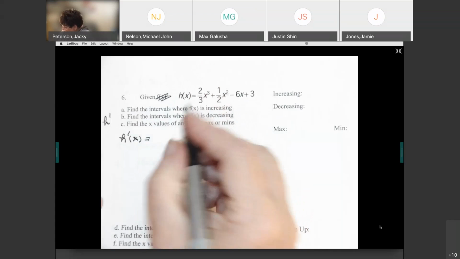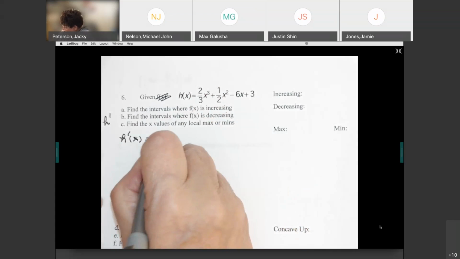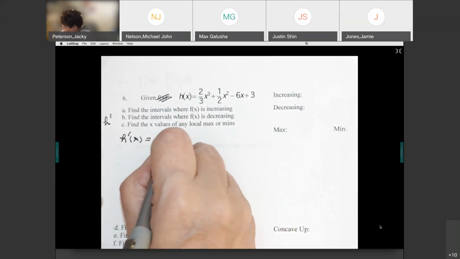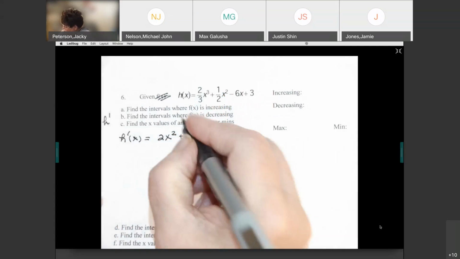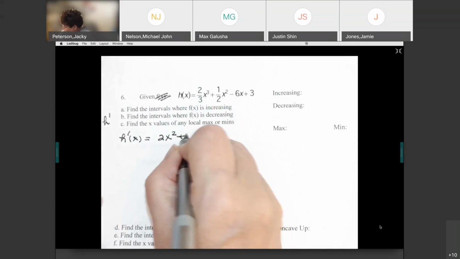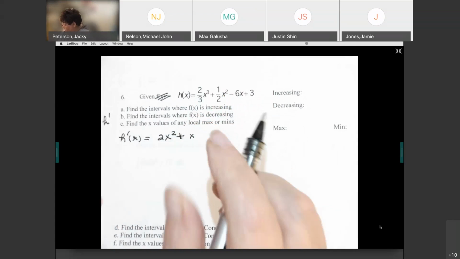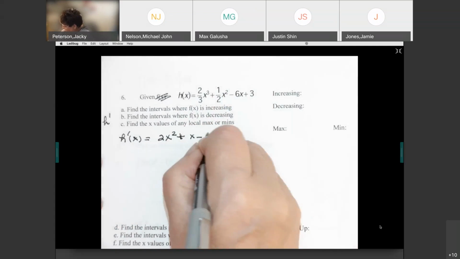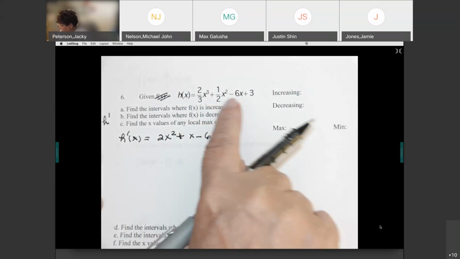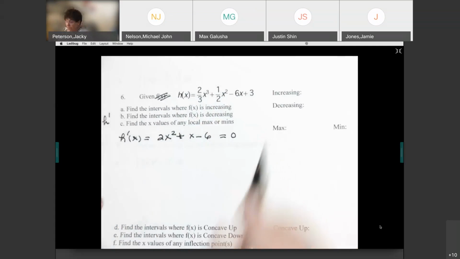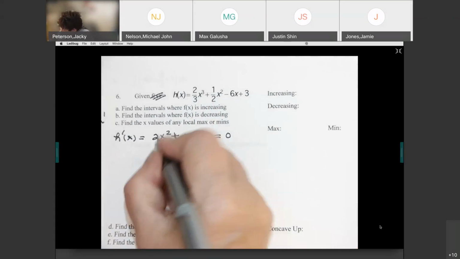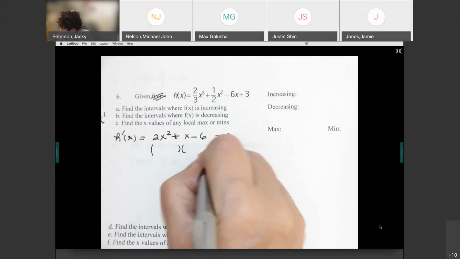That's why I use those fractions. And that is 2x squared plus 2 times 1/2. 2 times 1/2 is just x because it kills the fractions, minus 6. So this is f prime. So you're going to set that equal to 0 and get your critical numbers.